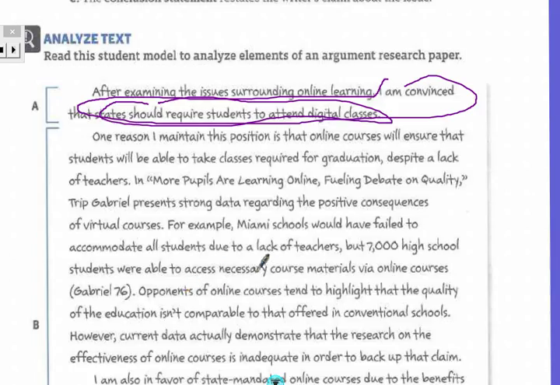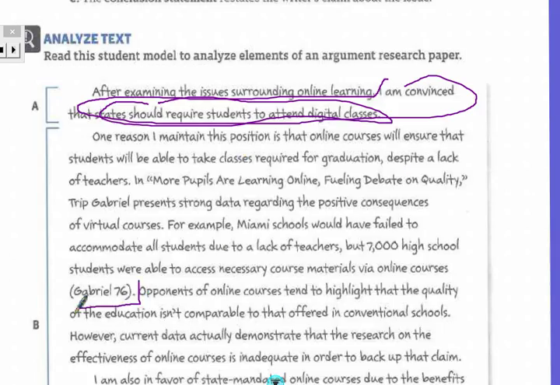Opponents of online courses tend to highlight that the quality of the education isn't comparable to that offered in conventional schools. Let's read that again. Opponents of online courses tend to highlight that the quality of the education isn't comparable to that offered in conventional schools. Opponents. Okay, but this says that online classes are good. We should be required.